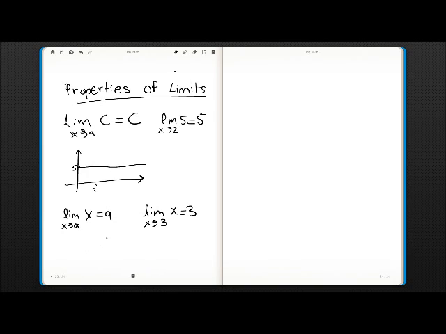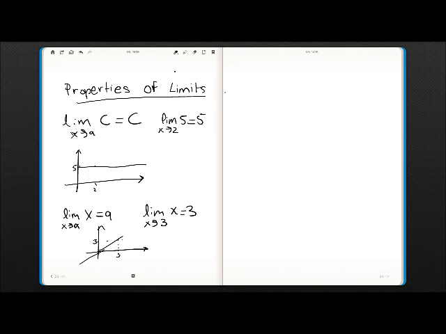Basically what you do is sub in the value for x. We can see that by looking at the function. So this is f of x, and at x equals 3, y approaches 3. I know it does not look like that function, but yeah. Okay, so those are the first two properties.